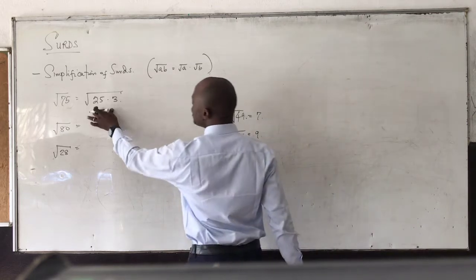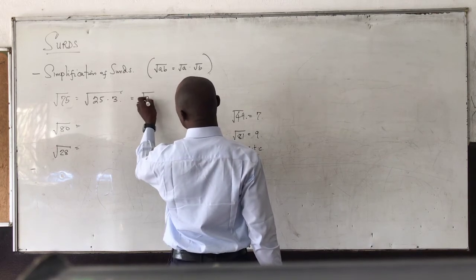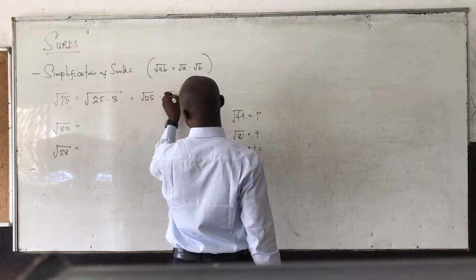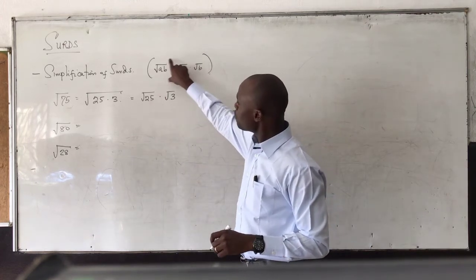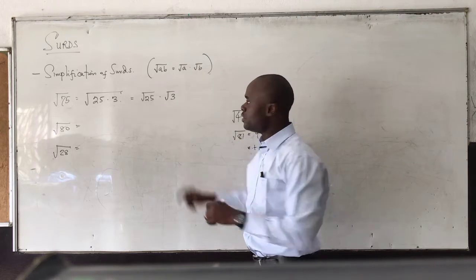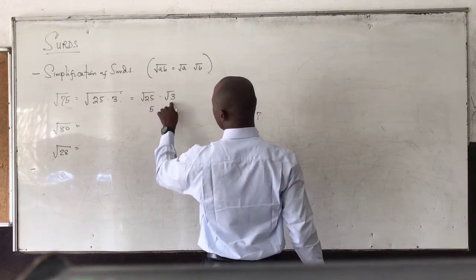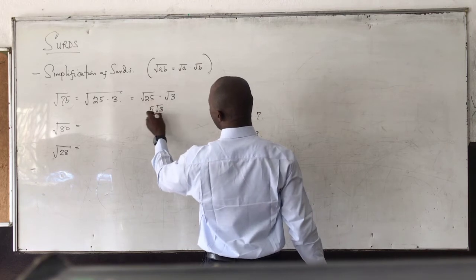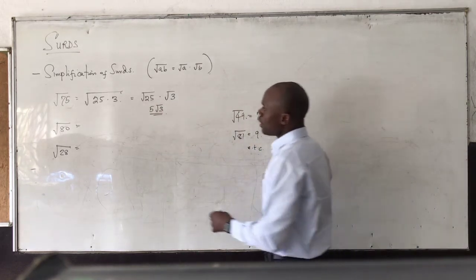So this can be split to square root of 25 times square root of 3. So using this principle, I can split this for me to have this. And we know very well that this is 5 and this is root 3. So that is basically a way of simplifying that.